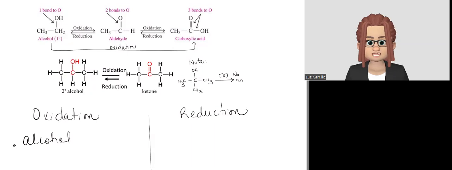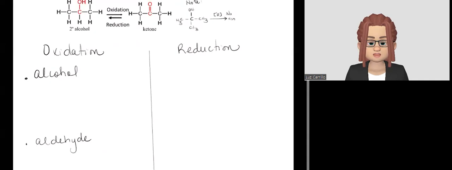When it comes to a secondary alcohol, the carbon that is connected to the OH is connected to two carbon chains. When I have a tertiary alcohol, the carbon that is holding the OH is connected to 1, 2, 3 different carbon chains.